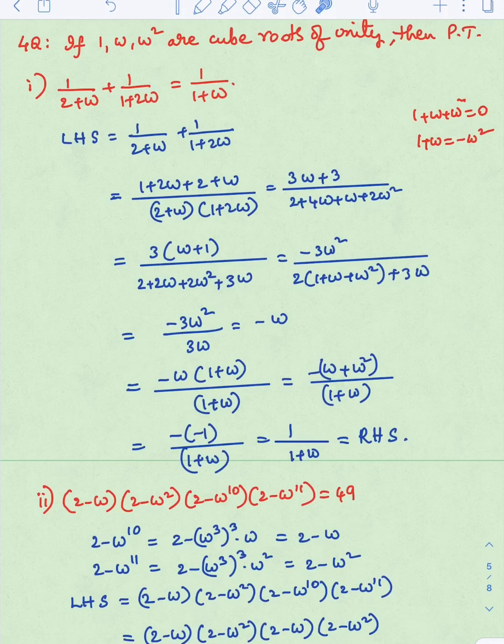In this place, you are going to write minus omega square. This is the numerator. Divided by, this will become 0. So, 2 into 0 is 0, 0 plus 3 omega is 3 omega. Here 3 cancels and omega is cancelled. So what remains here? Minus omega.